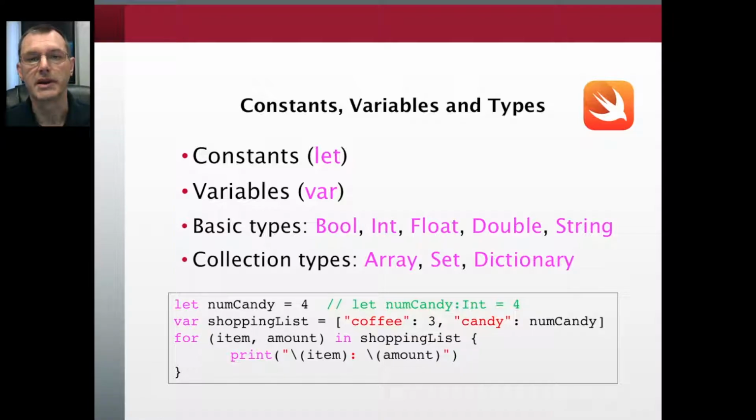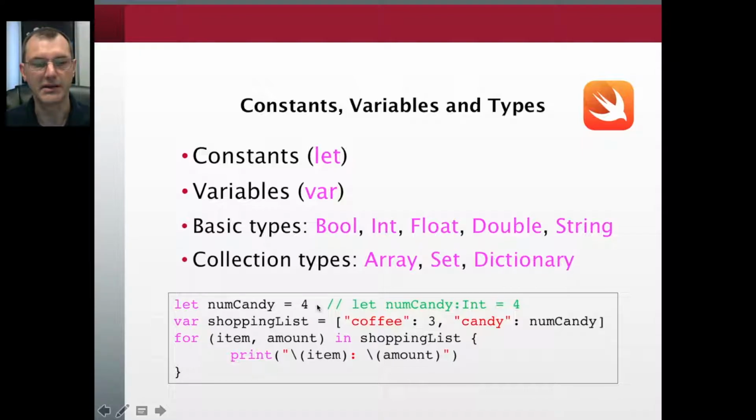So like most programming languages, Swift has constants, variables, and types built in. A constant is essentially a variable that never changes. And so the keyword we use is let. And so here we're using let to define a constant numCandy, whose value is 4.